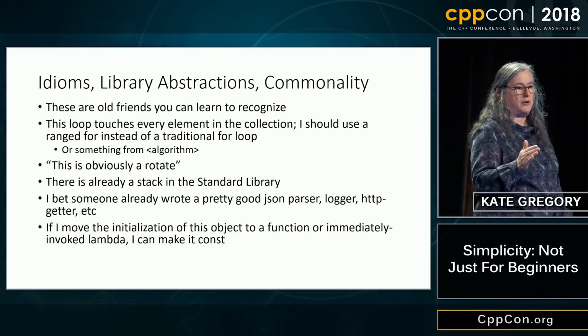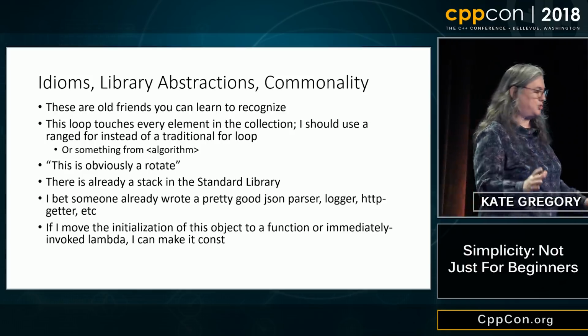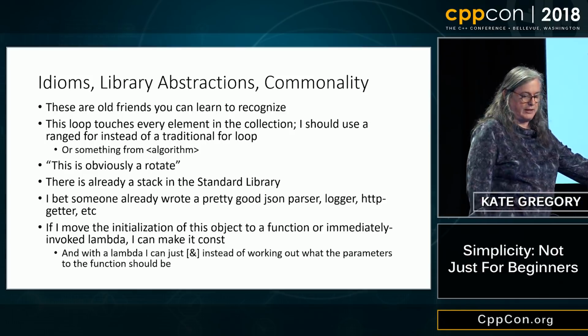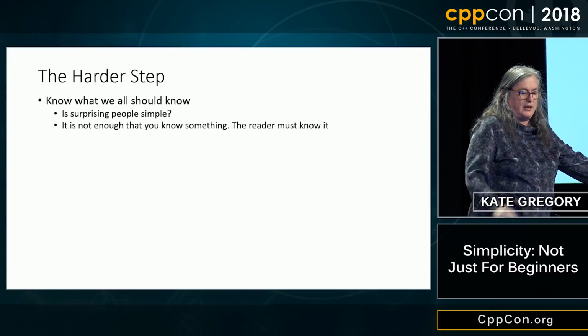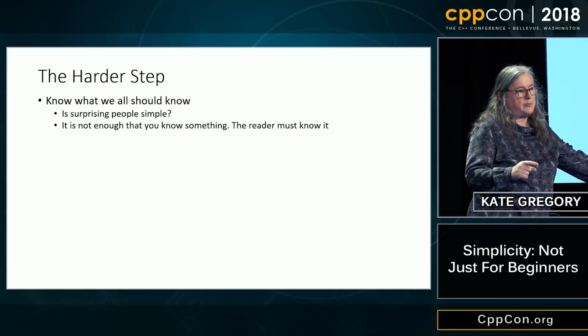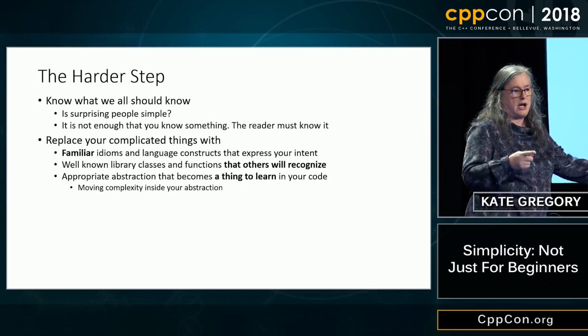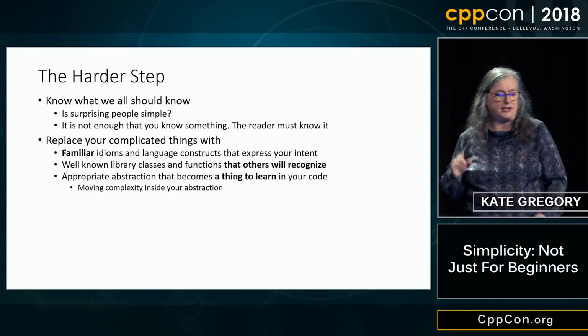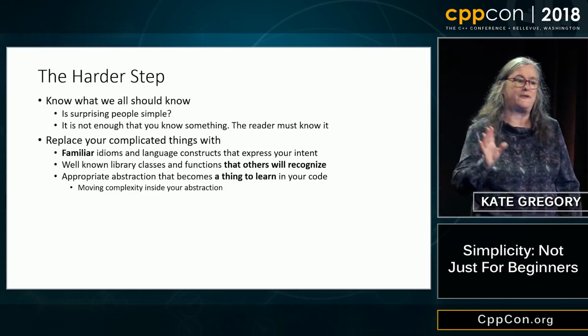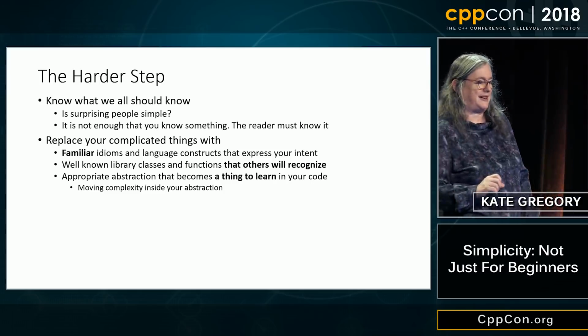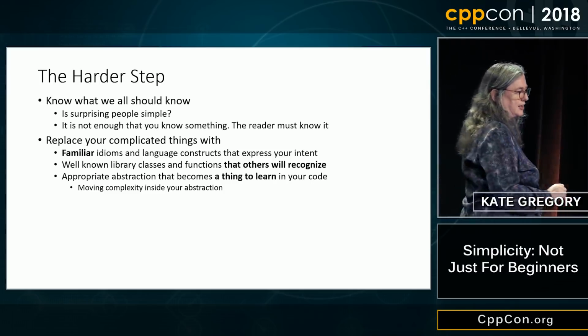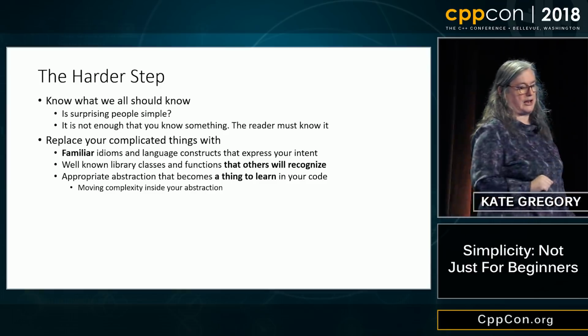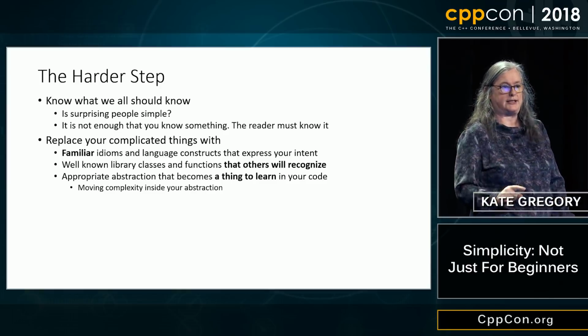You need to know where the things you want to use exist. It's not simple to surprise people, so it's not enough that you know it. I want you to replace your complicated things, not just with idioms, but with familiar idioms that express your intent, with well-known library classes that others will recognize.